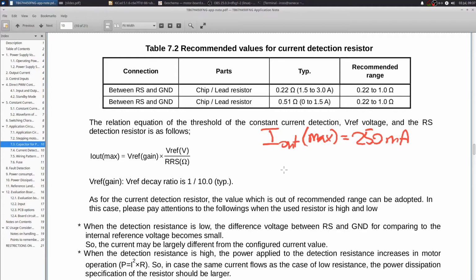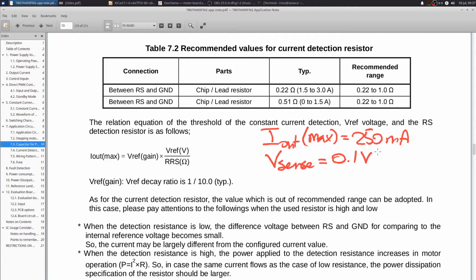We then need to decide what voltage we want to drop across the current sensing resistor. And the supply voltage for the motors is 4.5 volts, so we don't want to drop too much. I decided that I was going to make the maximum sense voltage be 0.1 volts.